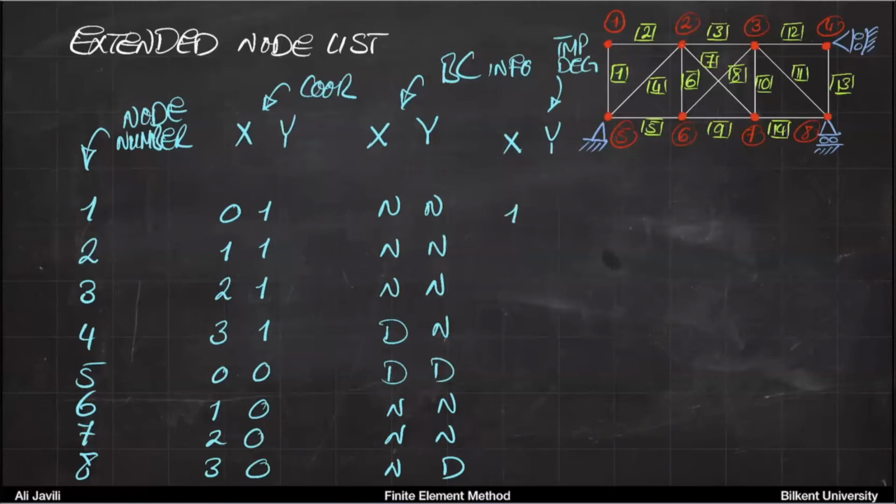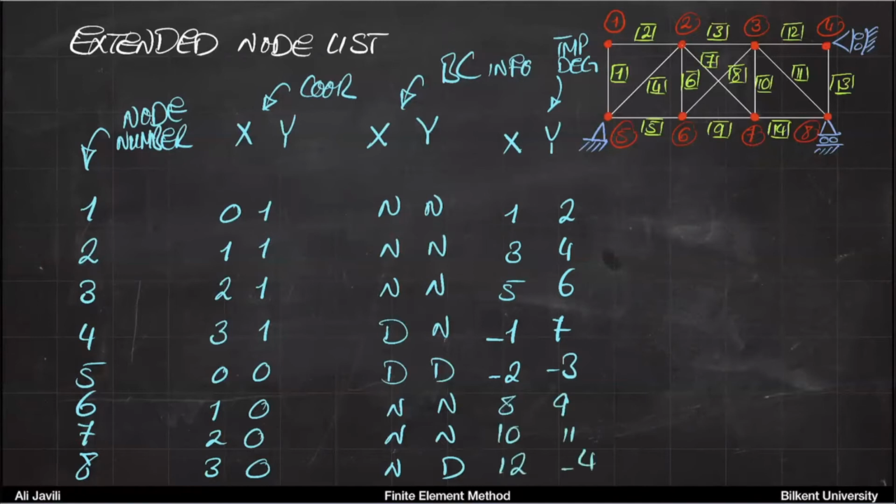And then if it is Dirichlet, you subtract 1 from degrees of constraint. So this would be 1, 2, 3, 4, 5, 6. And then you get a -1 here. 7, -2, -3, 8, 9, 10, 11, 12, -4.